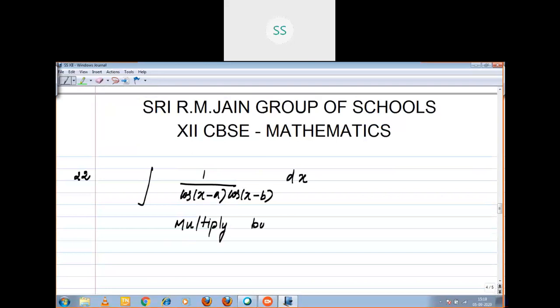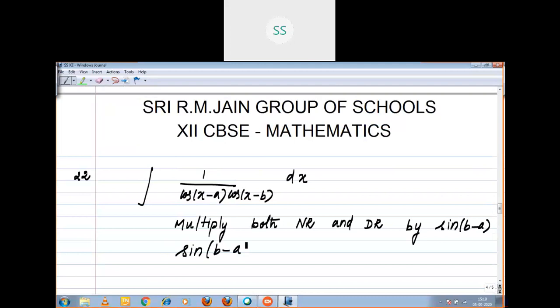Multiply both numerator and denominator by what? Sine of b minus a. That sine of b minus a, how am I going to write it?